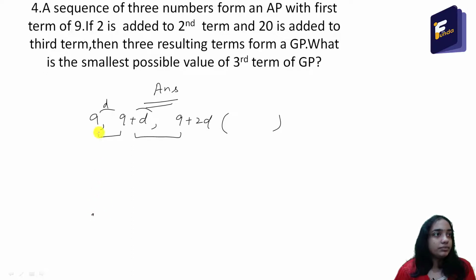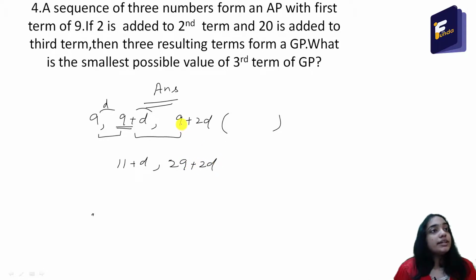This is the second term, and to it 2 is added, so it will be 9 plus D plus 2, which is 11 plus D. And 20 is added to the third term, so it will be 9 plus 2D plus 20, which is 29 plus 2D.